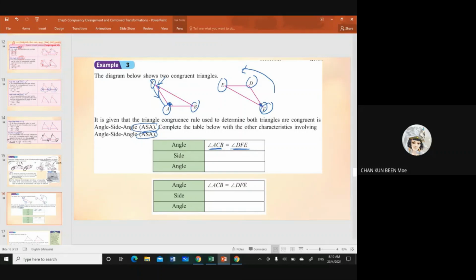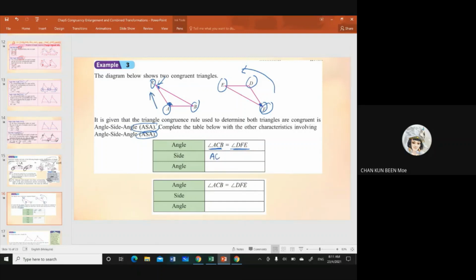So the side will be side AC or CA. This one is up to you. Okay, so which letter you want to use? Because I said already, you have to follow the alphabetical order usually, right? So we just use AC, okay?